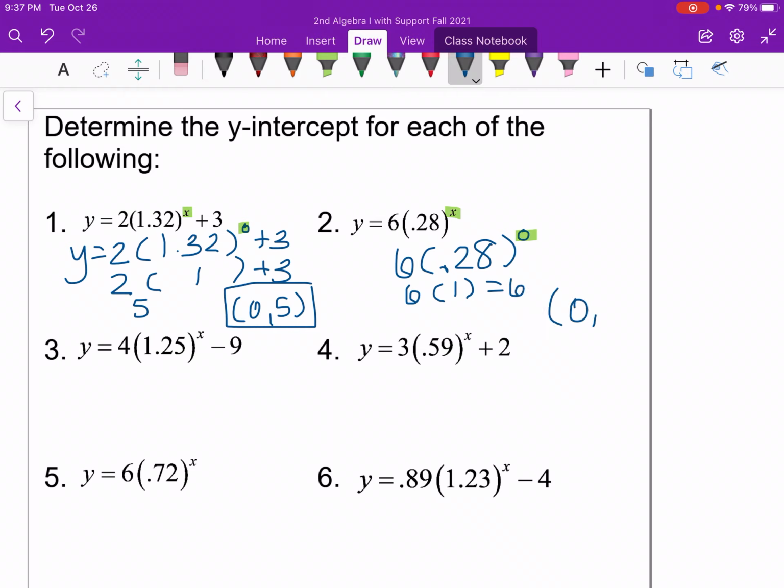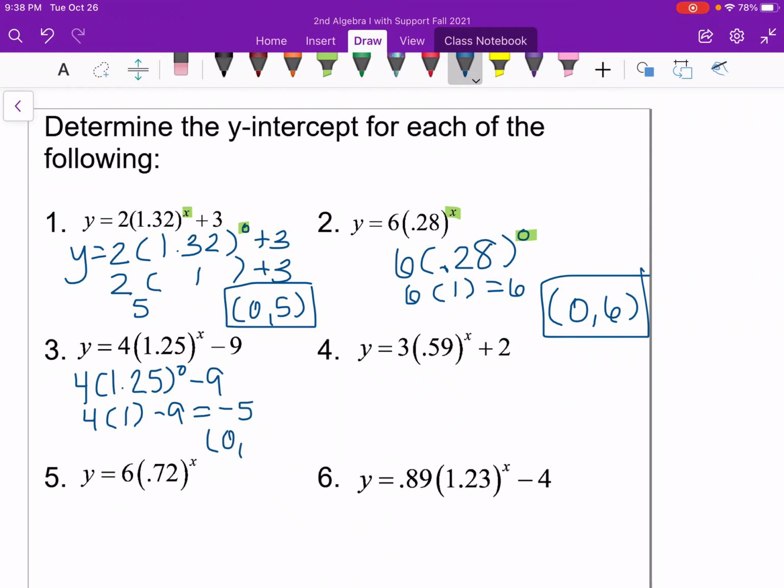So my answer is 0, 6. Number 3, I plug in 0 for x, so I have 4 times 1.25 to the 0 minus 9. 1.25 to the 0 power is 1, so this is really 4 times 1 minus 9, which is negative 5. So my y-intercept here is 0, negative 5.